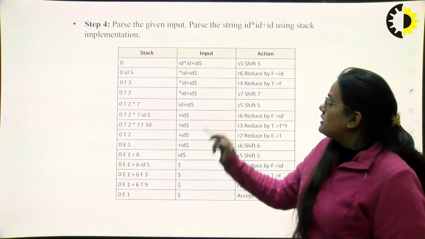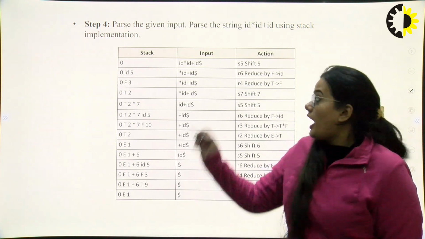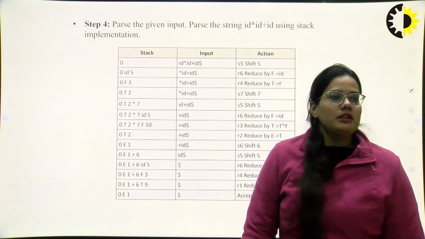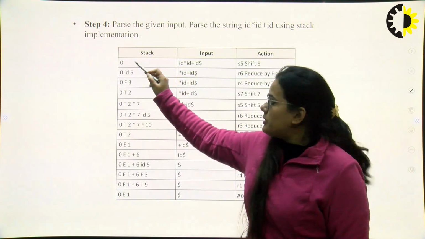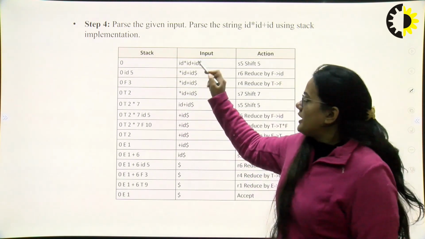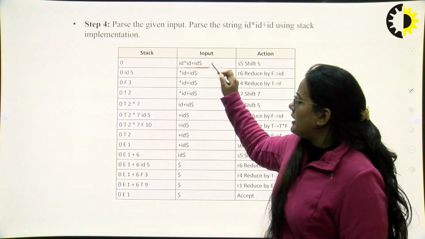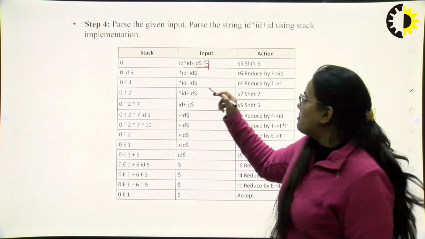At last, we parse the string id star id plus id using stack implementation. First of all, state 0 will be in the stack, the input string will be there, and at the end we put a dollar symbol.